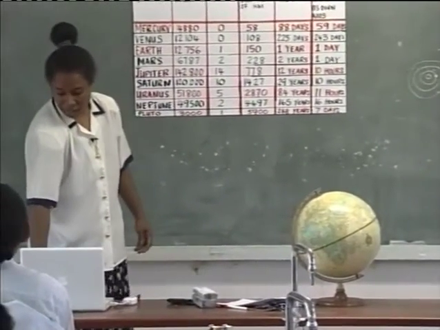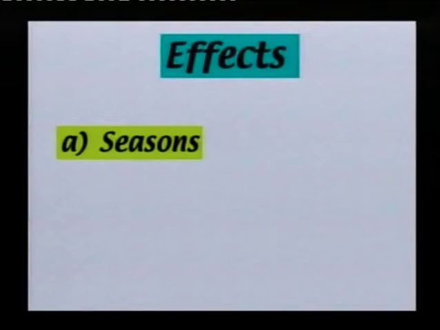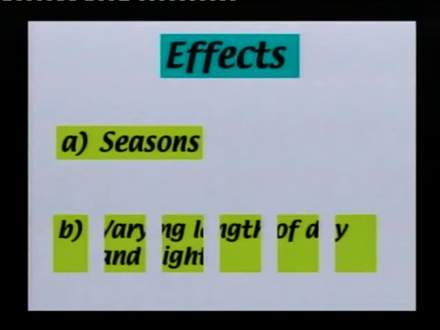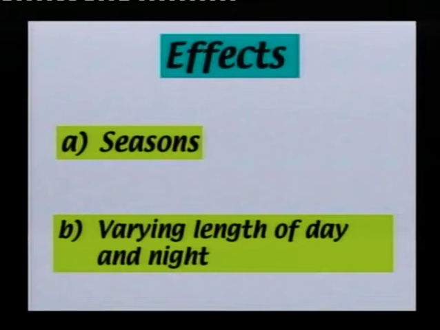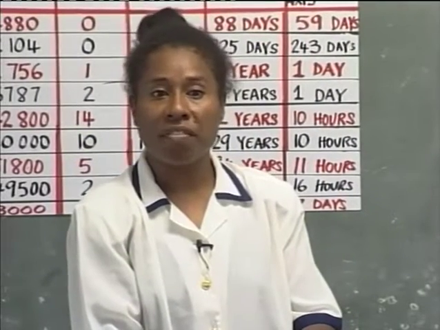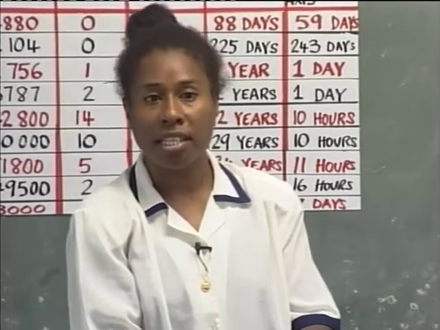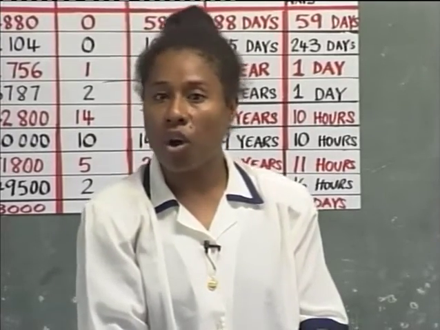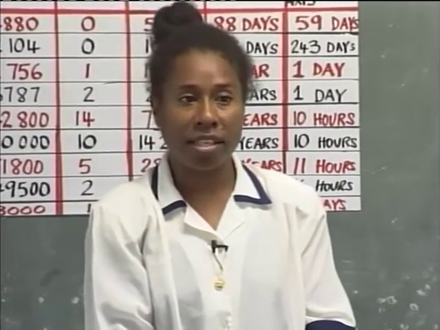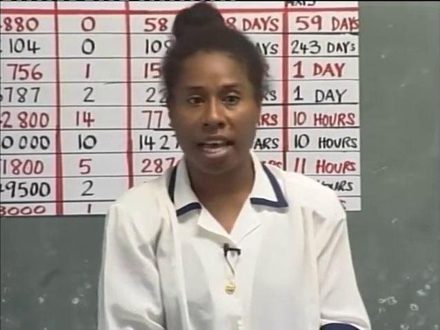Okay, the effects of the revolution, the seasons, we are going to go through the explanation of that in detail in our next lesson, as well as the varying length of day and night. When seasons are experienced in the different parts of the world, we note that those areas which are facing the sun during one particular season will tend to have longer hours of daylight in comparison to those that are away from the sun.